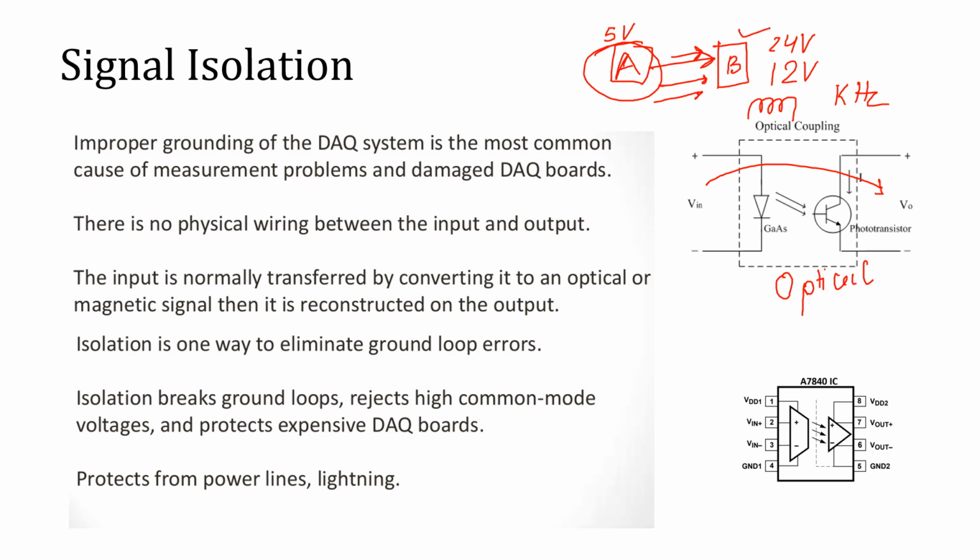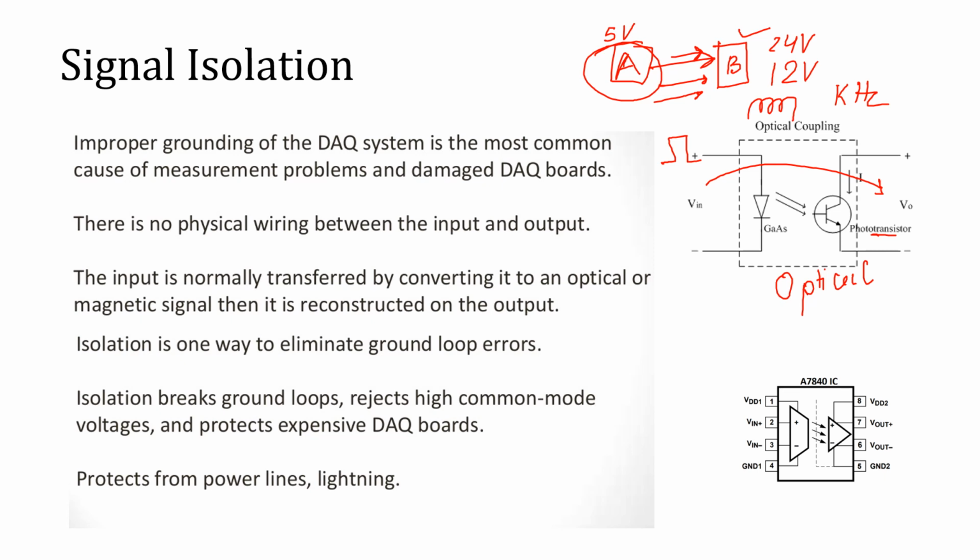So what could the optical medium be? It could be an LED which generates light as long as there is a digital high, it will glow. When there is a digital low, it will go off. So this digital information can be transmitted through an LED, and on the other side we have a phototransistor which will capture the high and low signal. So for digital it is very easy.